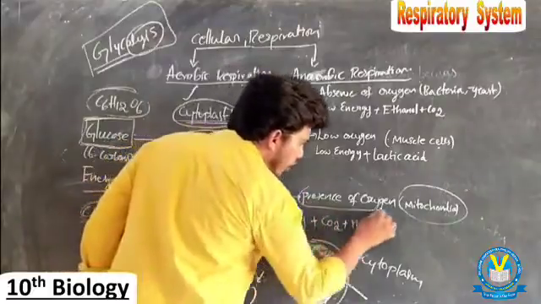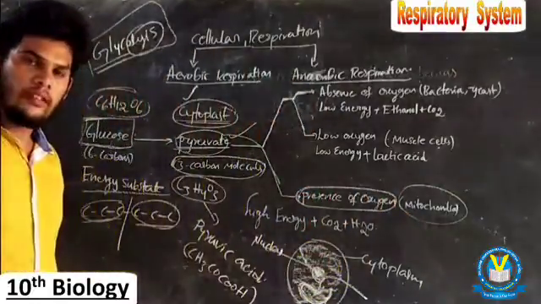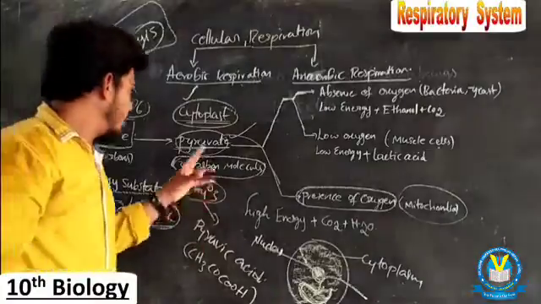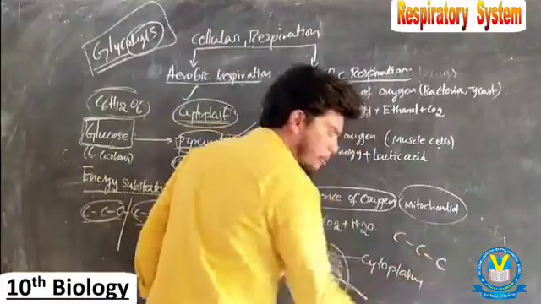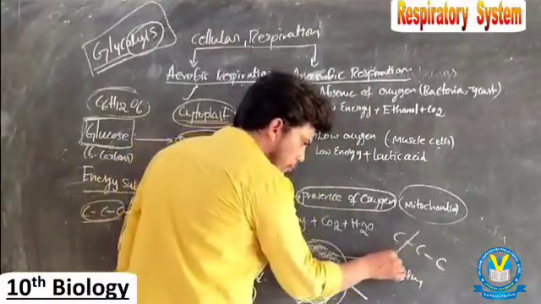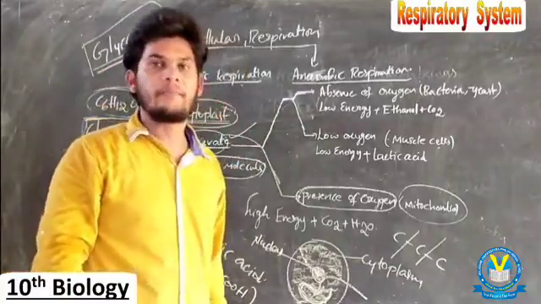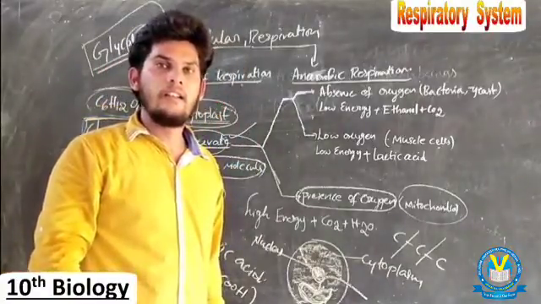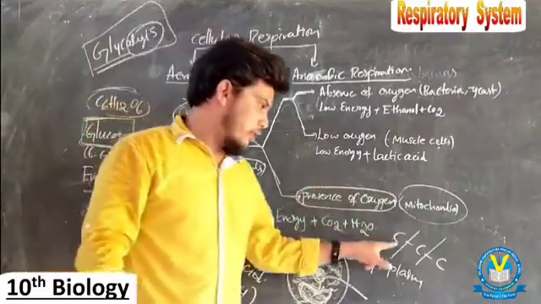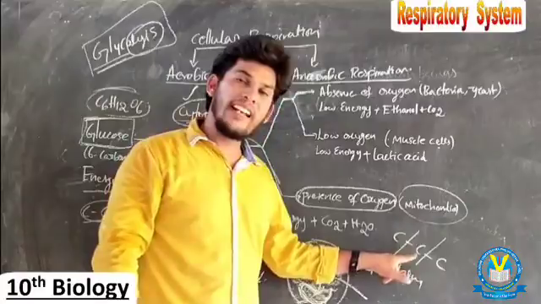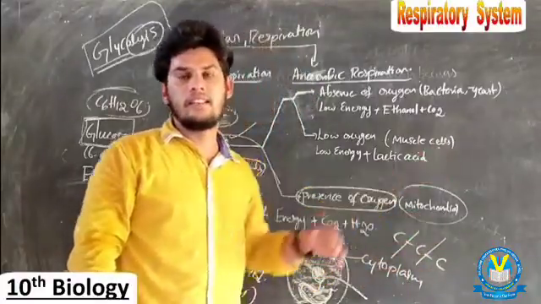In the presence of oxygen, the 3 carbon bonds of the pyruvate break down and produce energy. The 3 carbon pyruvate breaks down to release energy.